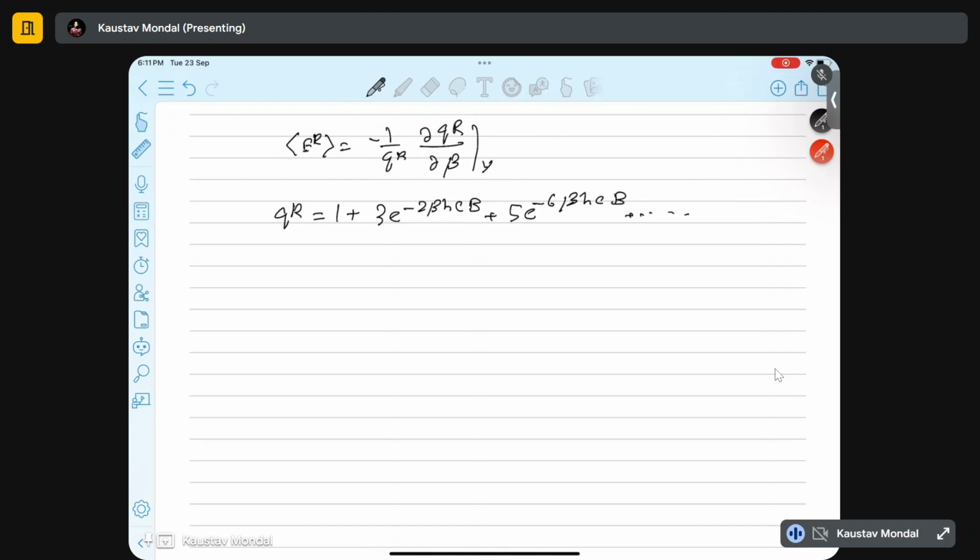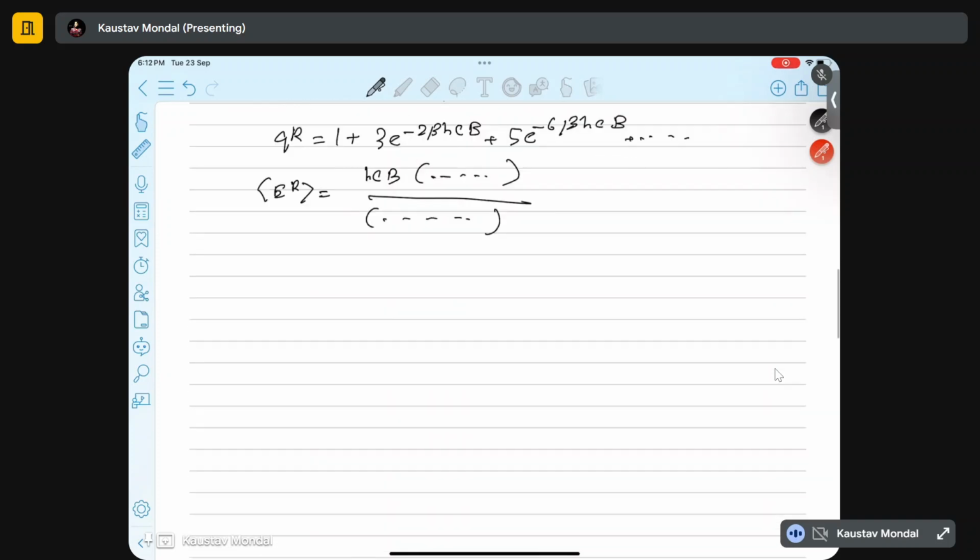Now for the case of calculating the E_R, if you calculate, it basically gives you this kind of expression. There will be a series here, there will be another series here. Now what we have considered is the linear case, the molecule as a linear rotor, and we have considered the temperature of the experiment is much higher than theta, the rotational temperature.